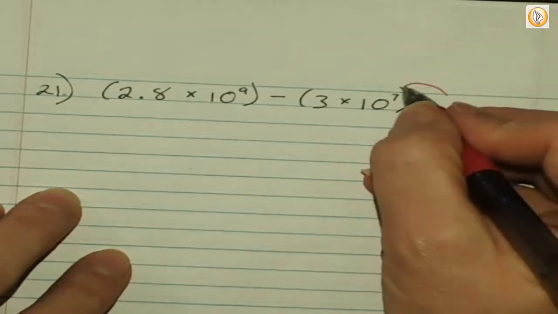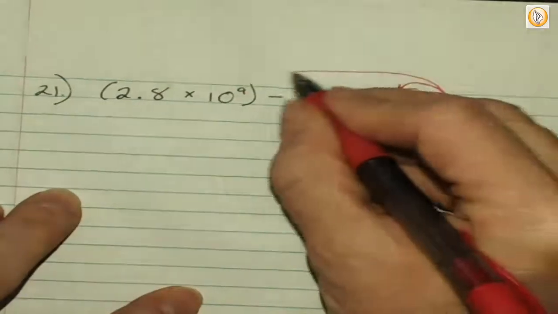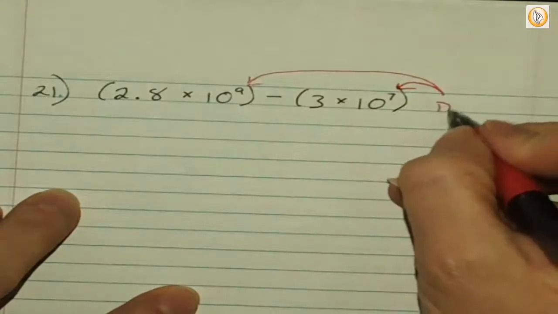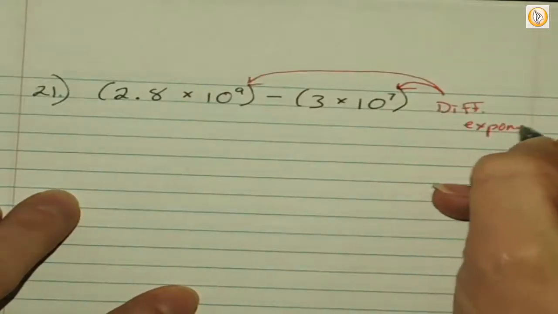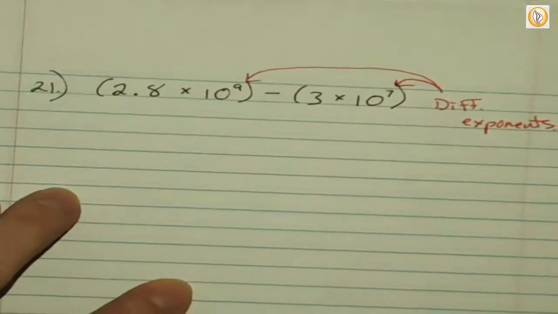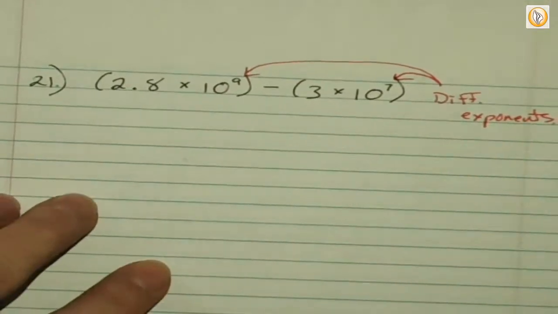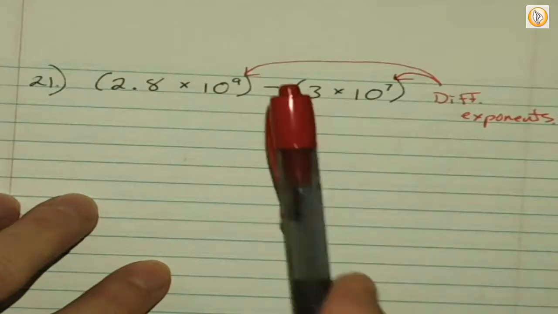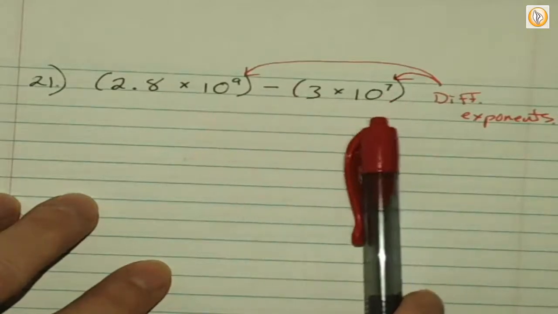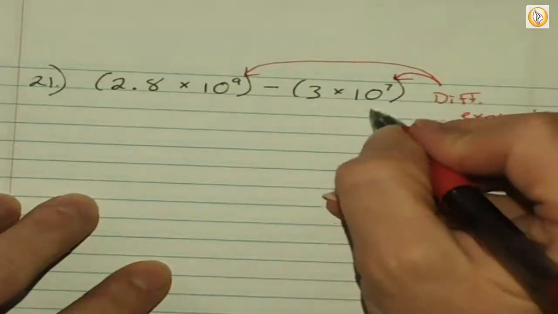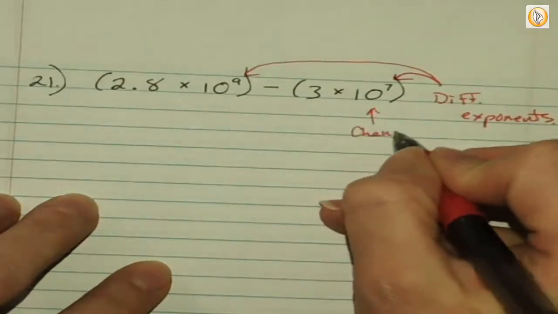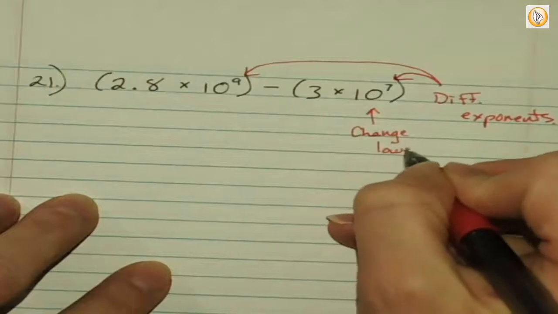Okay, we have to have the same exponents. Are these the same? That's right, they're different exponents. So we're going to have to change something. So let me see, Miranda, which one am I going to change? The 10 to the 9th or the 10 to the 7th? That's right. Change lower.